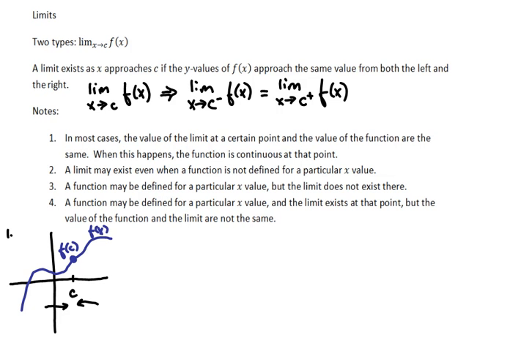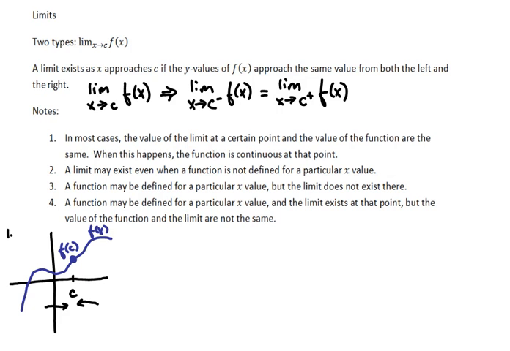And if the function is called f of x, then the value of the function at that point is f of c. So we would say that the limit as x approaches c of f of x would be equal to f of c in this case. So this is the typical case. In any continuous function, the limit and the value of the function are always equal to each other.